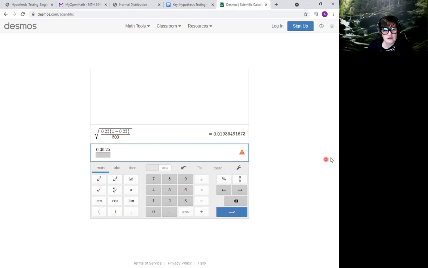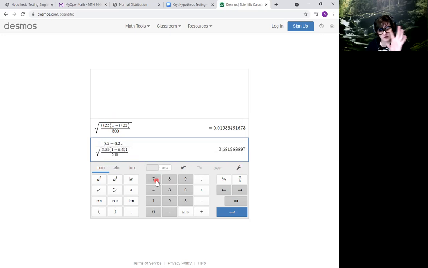My minus sign went away. There we go. And then because I copied this, I can hit paste, and you have to do Control C, Control V. You can't right click on your mouse in Desmos, but this is a nice way to be able to easily calculate your Z statistic.